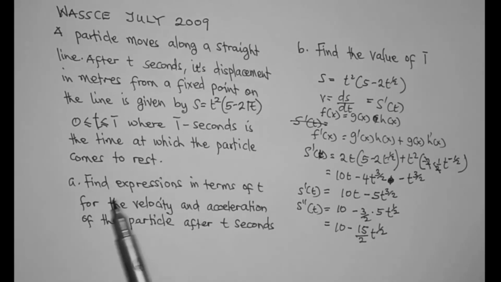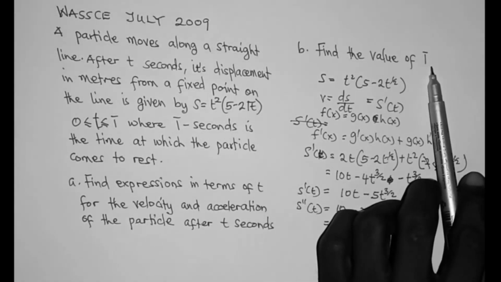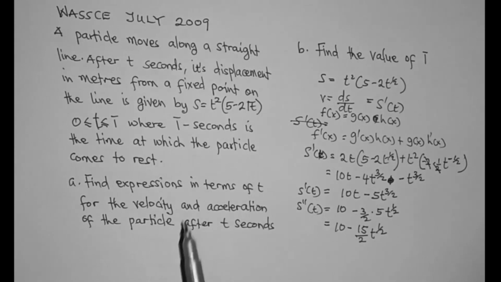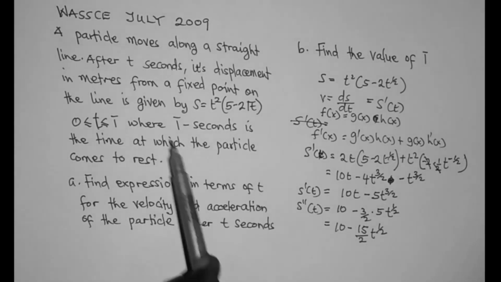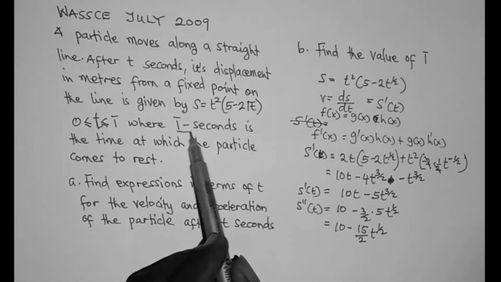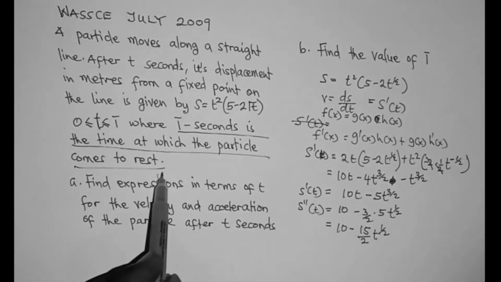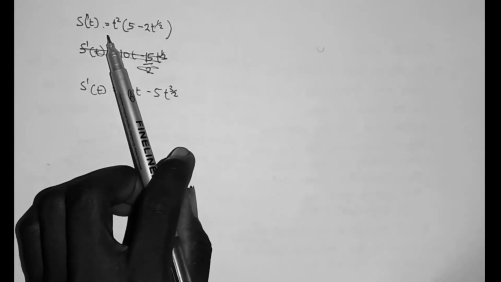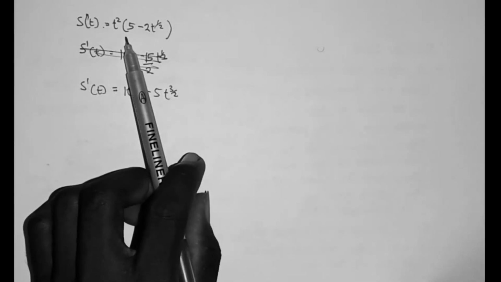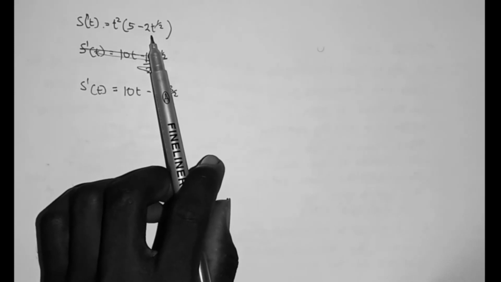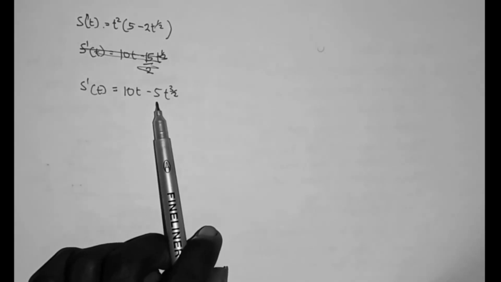Then the last part of the question says we should find the value of capital T. But the question says that capital T is the time at which the particle comes to rest. So s of t is equal to t squared into bracket 5 minus 2t exponent 1 over 2, and s prime of t we got as 10t minus 5t exponent 3 over 2.